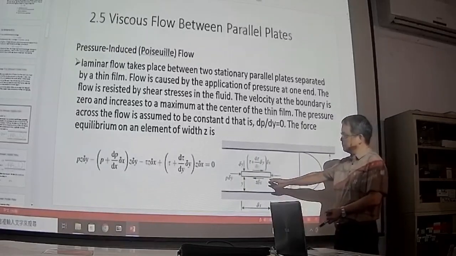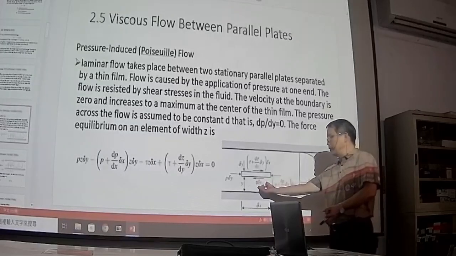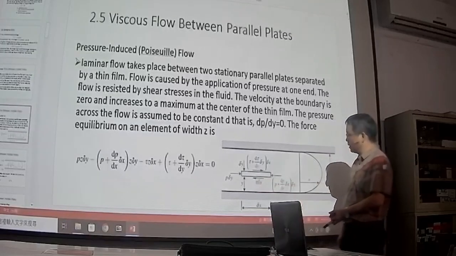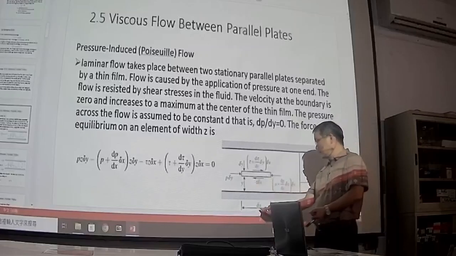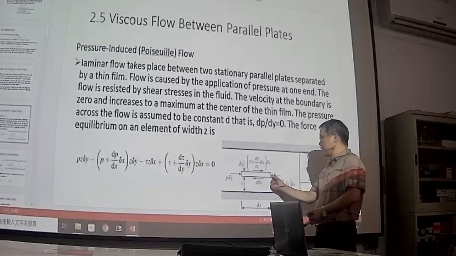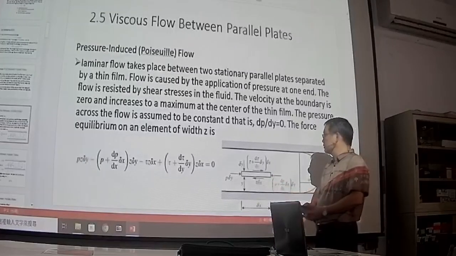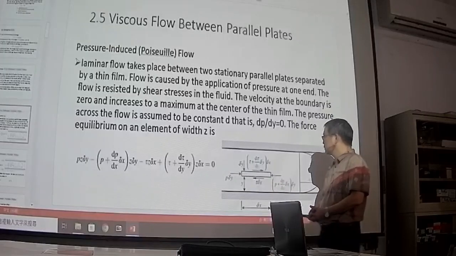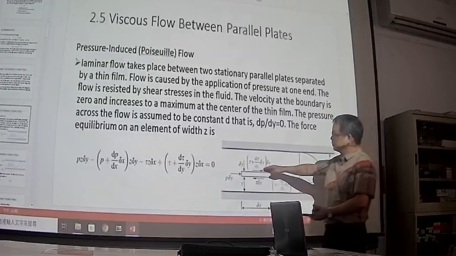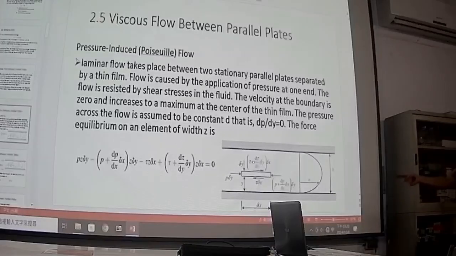Here is the force on the bottom, the shear stress multiplied by the area of the element, delta x, with thickness in the z direction. On the top is a partial differential equation in the y direction.